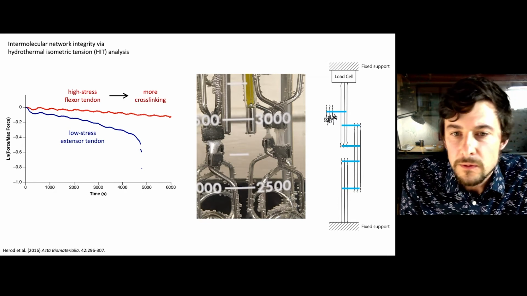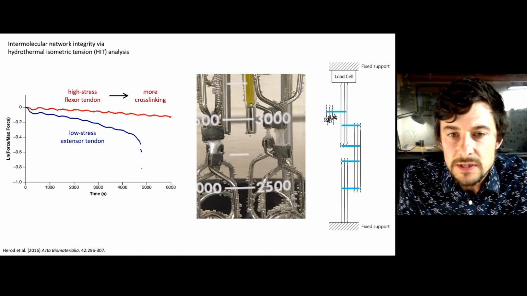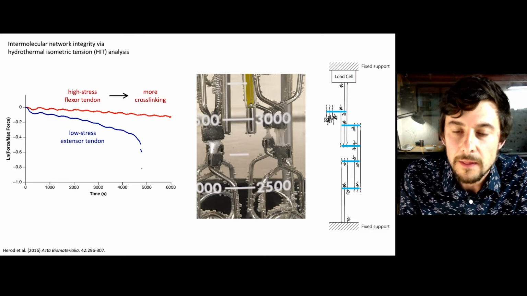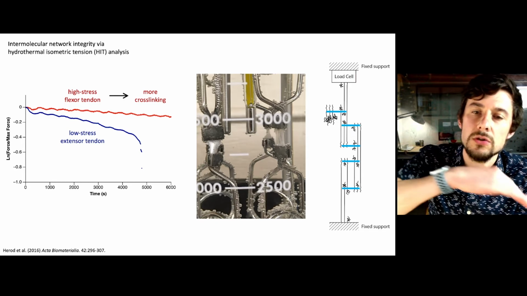With further heating, the individual alpha chains will start to undergo peptide bond hydrolysis, and the level of tension produced by that tissue will start to decay.